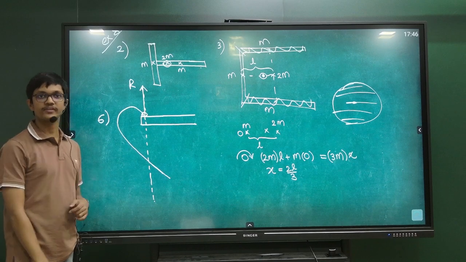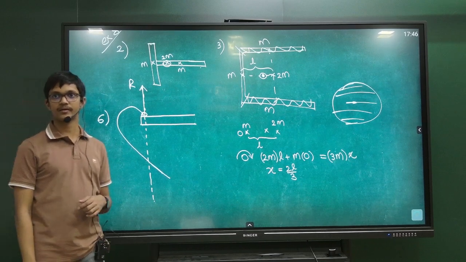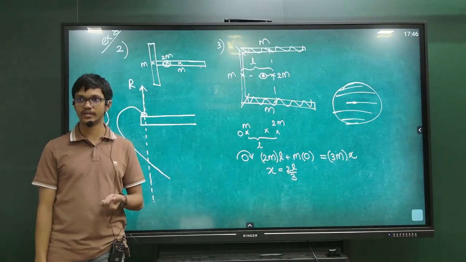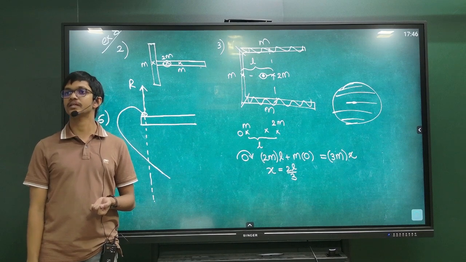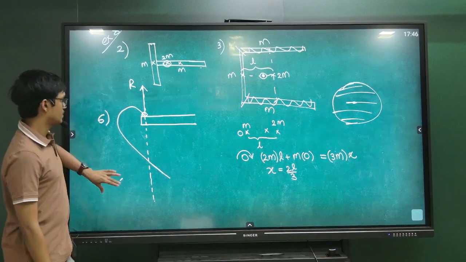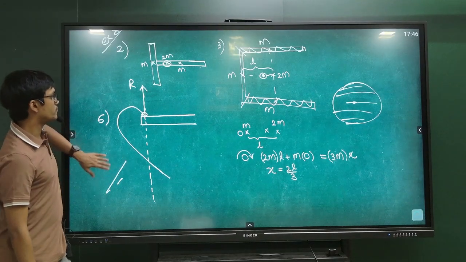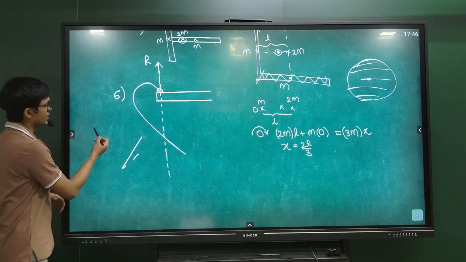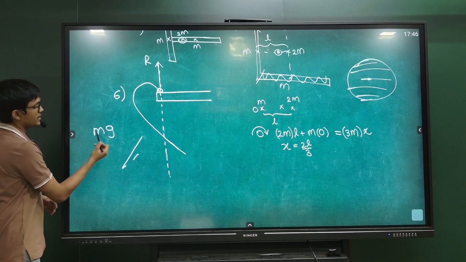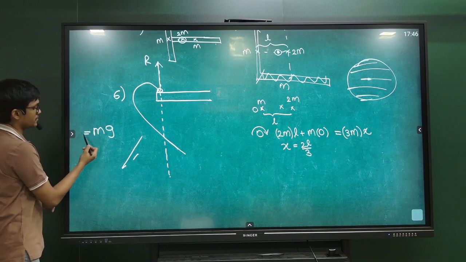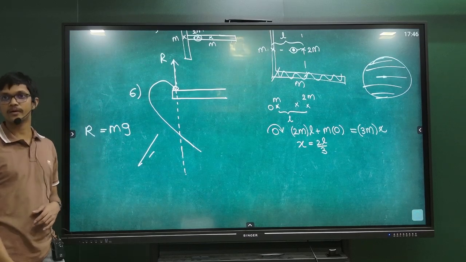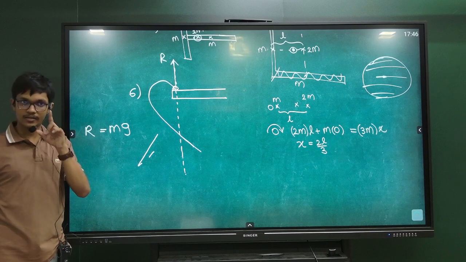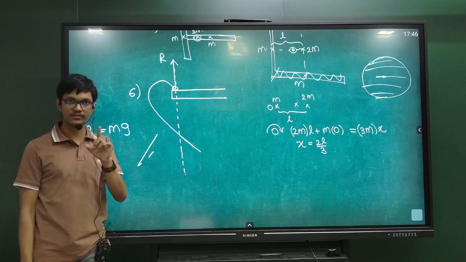So for this system to be in equilibrium, if the weight of this one is mg, R must be equal to mg, and R and mg must be in the same line, right?